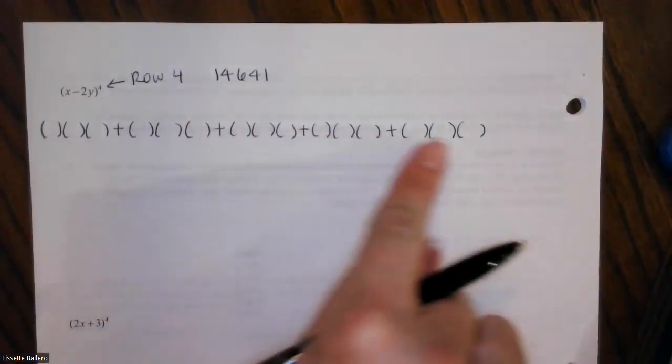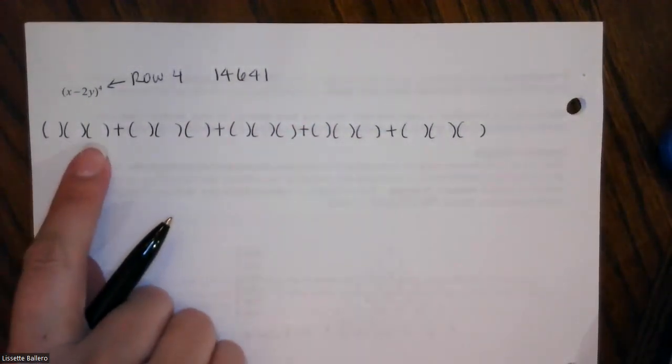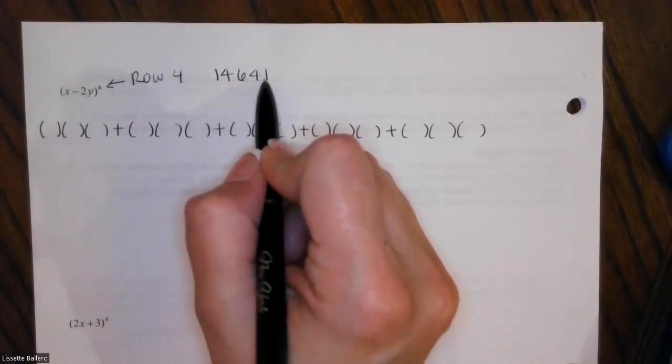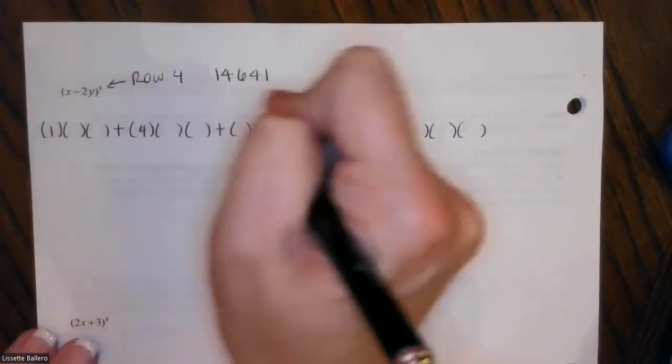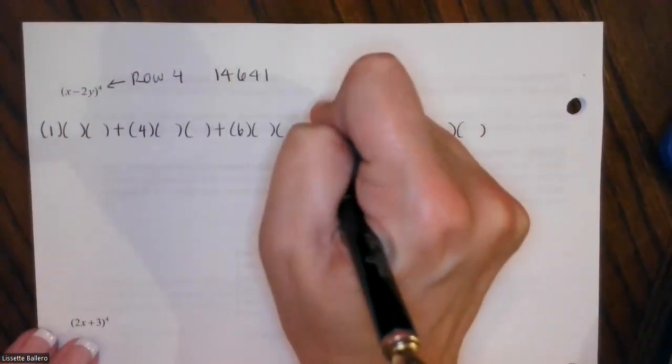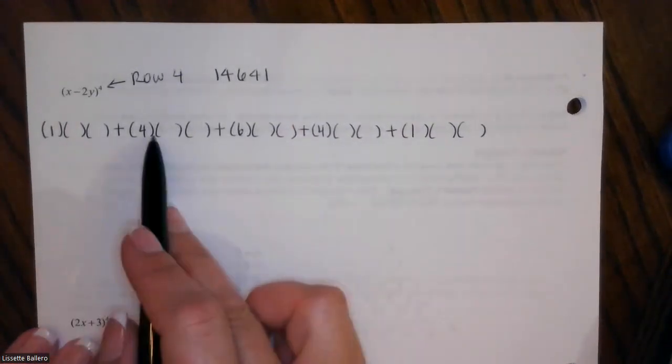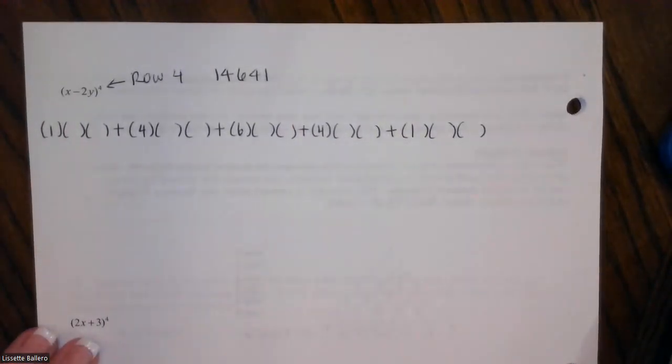I've set up 5 of those with 3 sets of parentheses each, and that's because I've got 1, 2, 3, 4, 5 coefficients. And so I'm going to start with those coefficients: 1, 4, 6, 4, and 1. So I've got Pascal's triangle now in each one of those first parentheses.